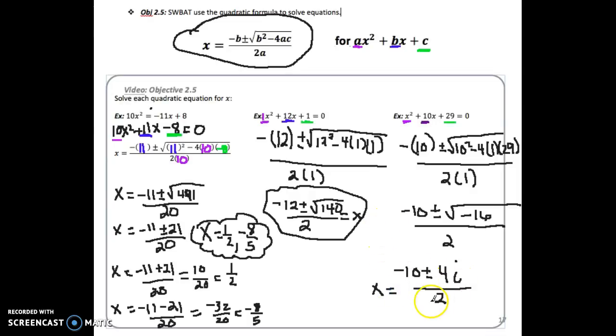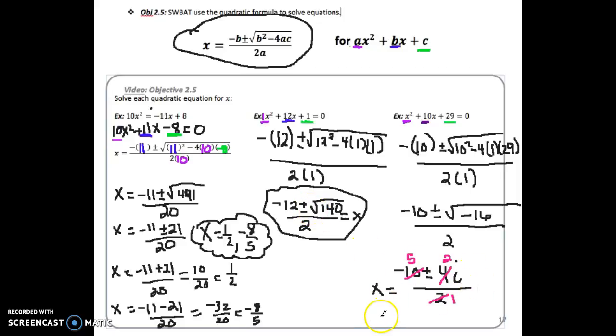Or we could say that we can cancel out a factor because this has a 10, a 4, and a 2. So what we could do is make this into a 5, make this into a 2, and make this into a 1 because the 2 goes into all of those. Again, that is not the same as the previous one because there's no coefficient in front of the square root here.